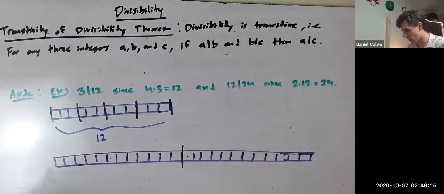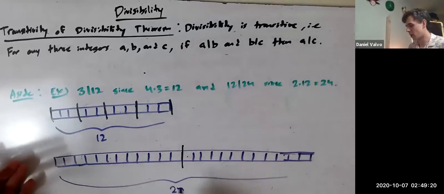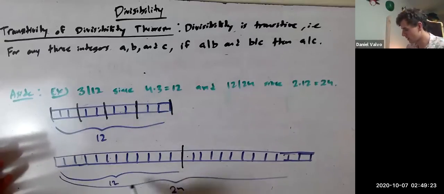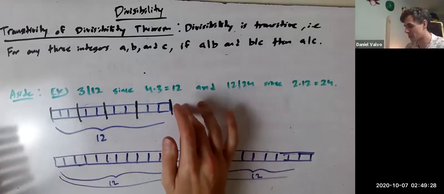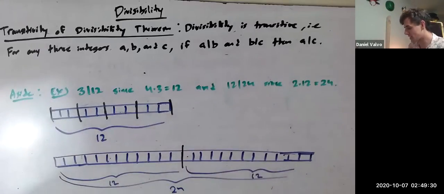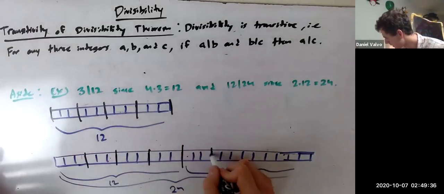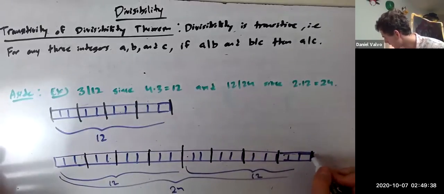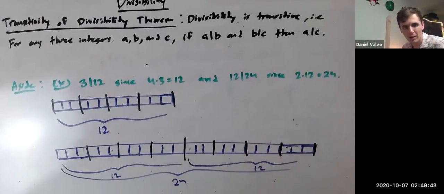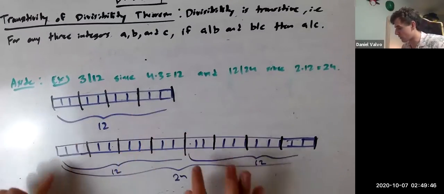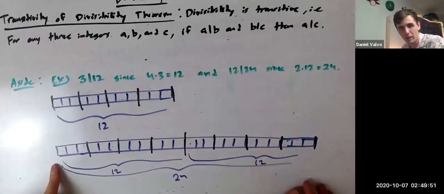So we can see that 24 is divisible into two pieces of length 12. And then because we know that 3 divides 12, we can break each of these pieces of 12 into pieces of 3. The point being that clearly, if 3 divides 12 and 12 divides 24, then we can figure out how to break 24 into pieces of 3, right?